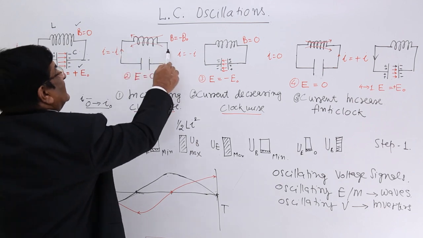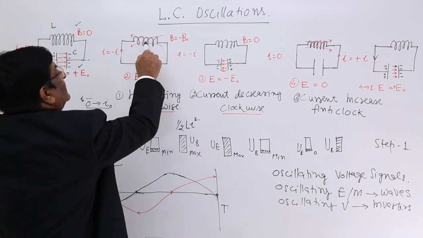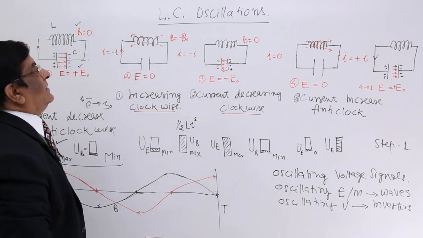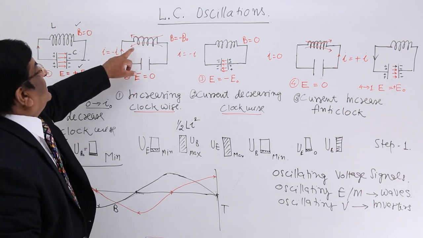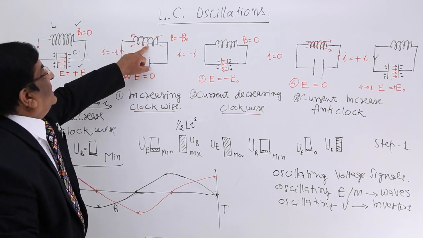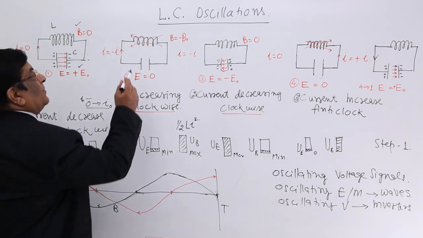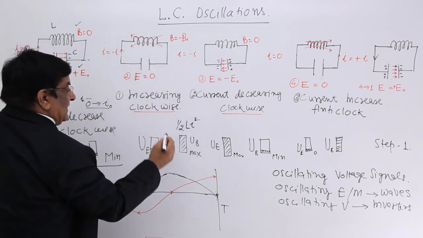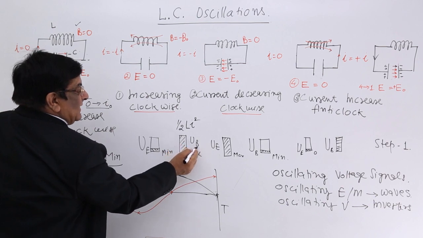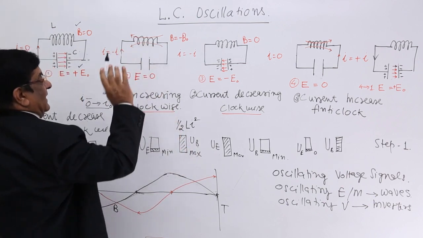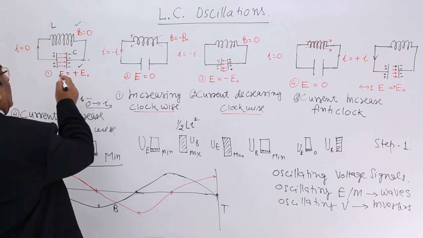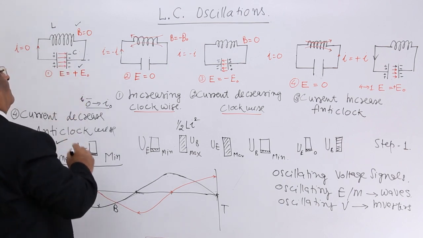When the current increases, a magnetic field develops in this. But due to its nature, it opposes the increase in the current. Because of this magnetic field, there is magnetic energy. The magnetic energy becomes maximum in it. Initially all these charges push very hard because they are very large in number.